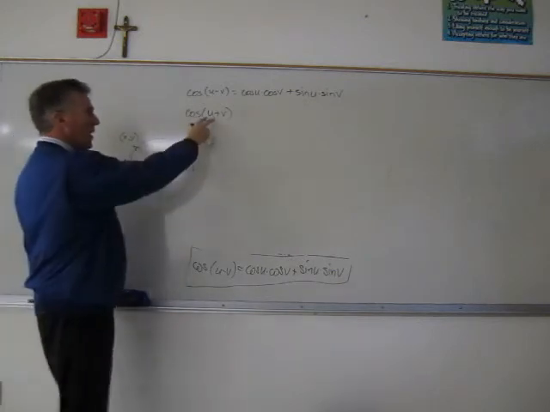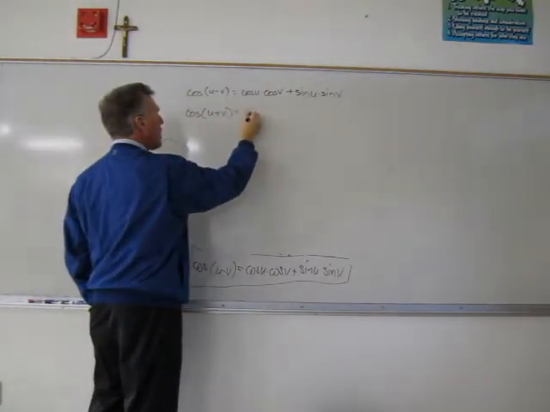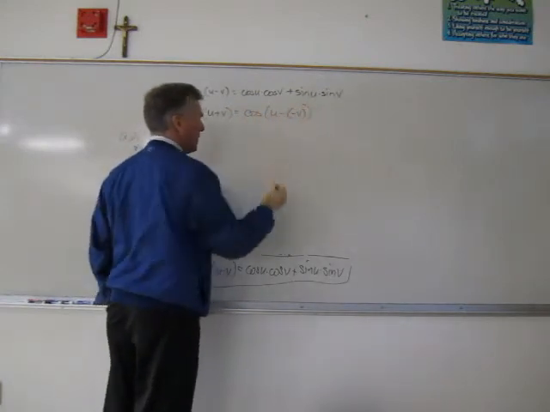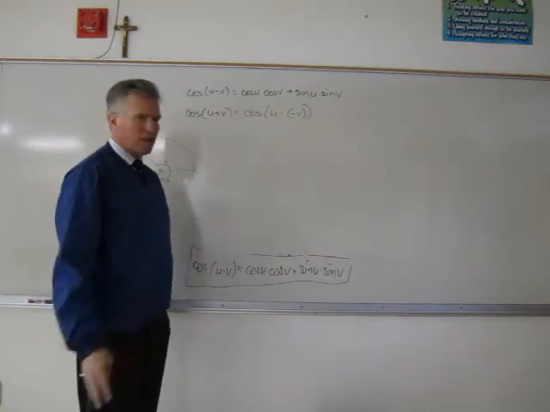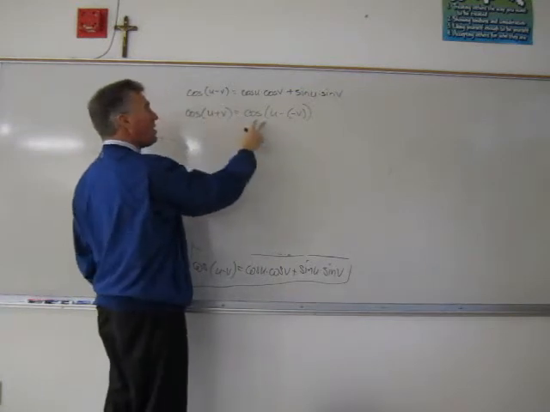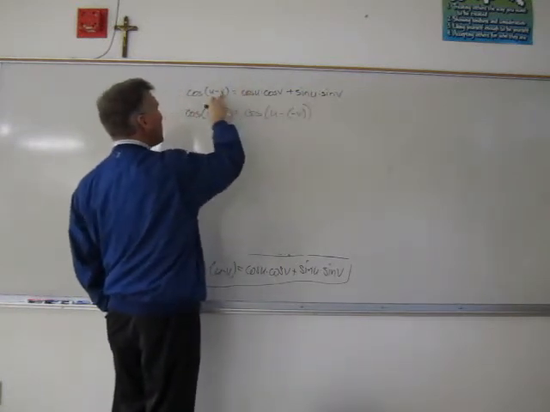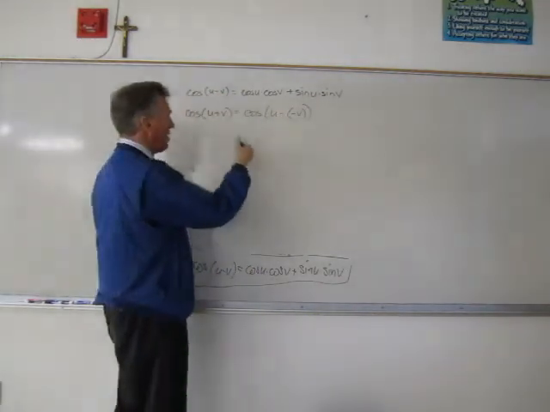What this tells me is that the cosines of opposite angles are equal, and the sines of opposite angles are opposites. Well, I can look at cosine of u plus v, and I can rewrite it as cosine of u minus a minus v. Nothing earth-shaking there. All I did, because a negative times a negative equals a positive. Well, now that I've written it in this form, I can use this identity that I've already derived to derive another identity.